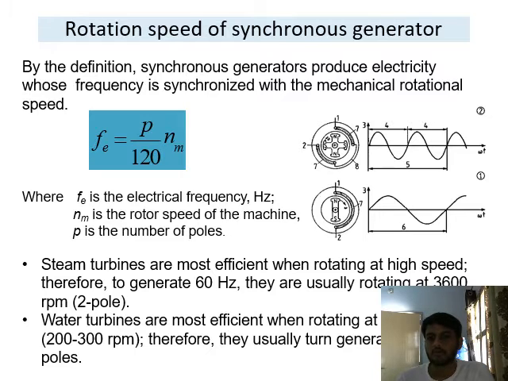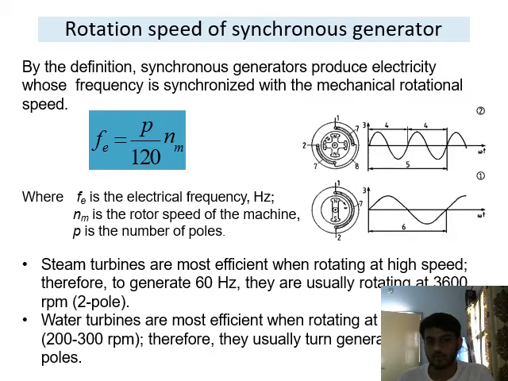So if we change the poles, our frequency will change. If we change the rotor speed, the frequency will also change. If we want a constant frequency, we have to keep the poles and speed constant.